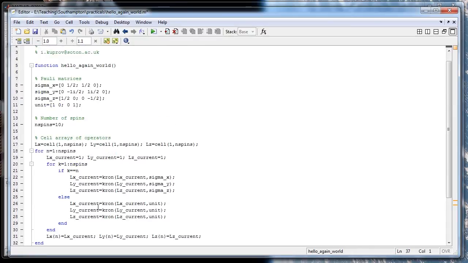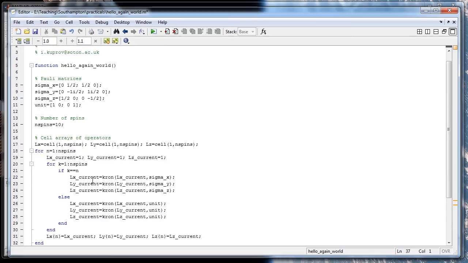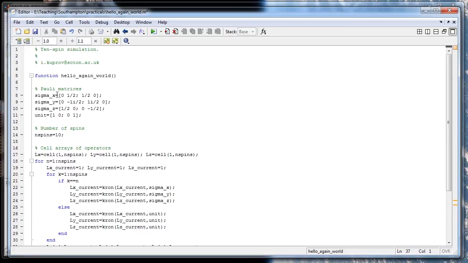But before we put together the Hamiltonian, what we'll do is we'll actually transition our entire infrastructure that we had here before into sparse algebra. And for that, because everything in MATLAB is transparent, the only thing we need is to sparsify the original Pauli matrices. Make them sparse, like this.